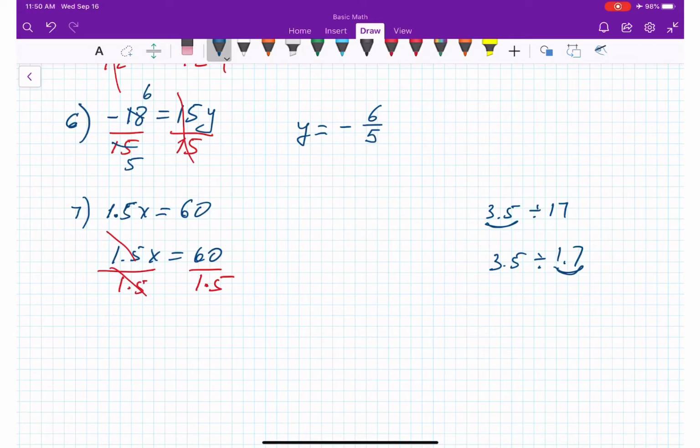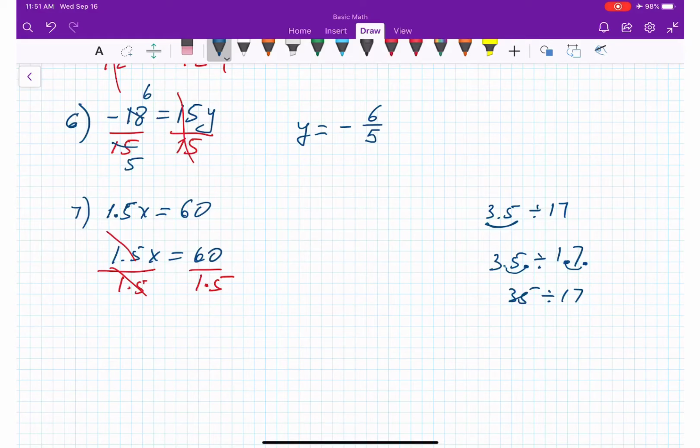The second number cannot have decimal notation. So what do we do for that case? I have to multiply by 10, which means moving one position to the right, that will be 17. And here 3.5 also multiply by 10, and I will get 35 divided by 17.